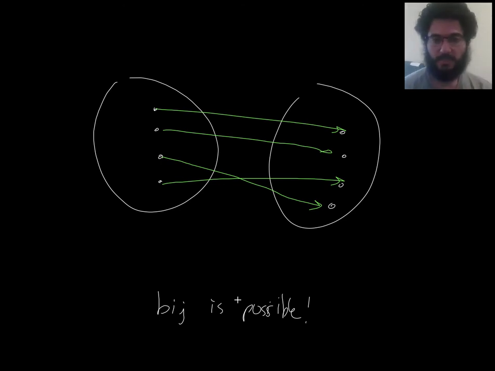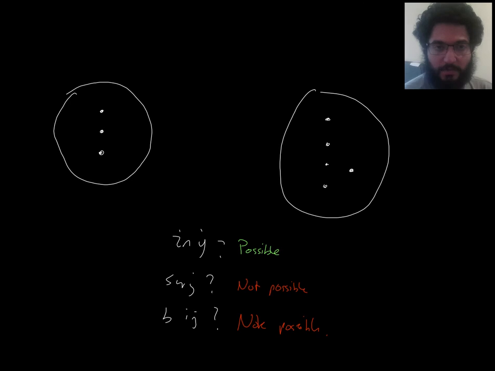But do you see that the possibility of a bijection, even the existence of a bijection between 2 sets, really tells us a lot about how they compare in terms of numbers of elements? The existence of a bijection, well, first of all, it means there was an injection, right?